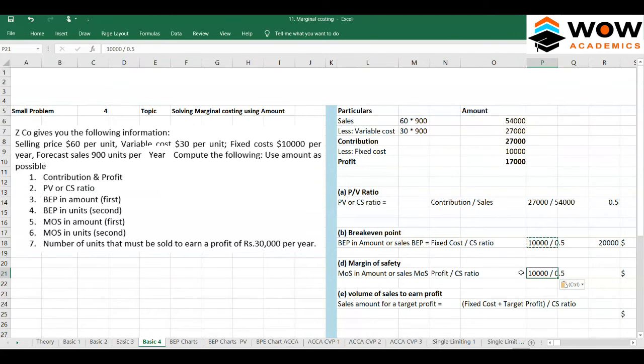So MOS is profit divided by CS ratio. The profit here is 17,000. So MOS sales is 34,000. And for the targeted sale, the fixed cost existing is 10,000, and the target profit they want in amount is 30,000.